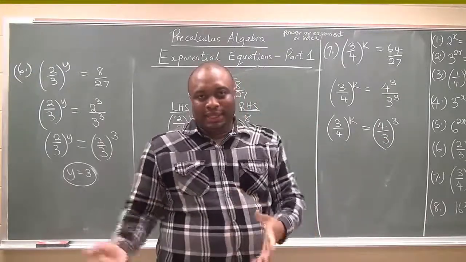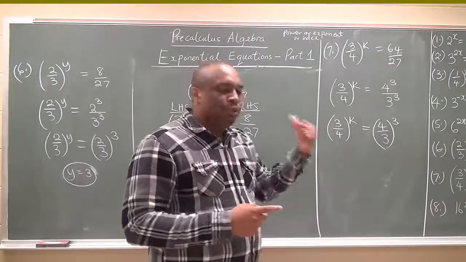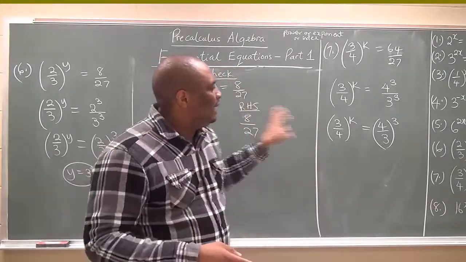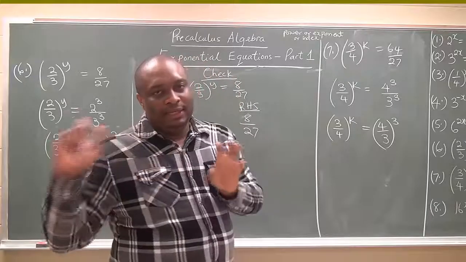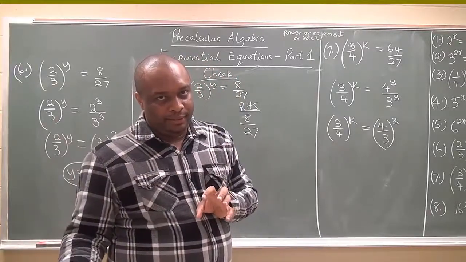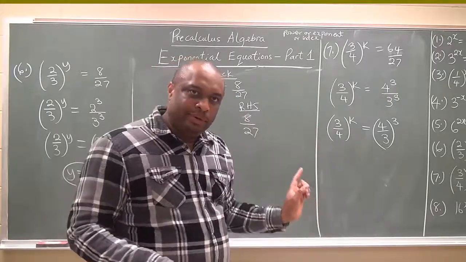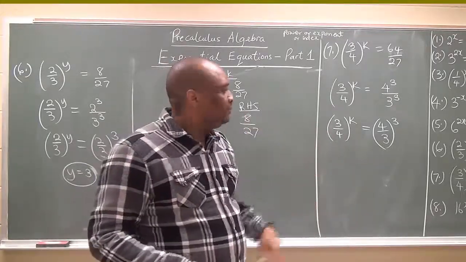We can't just equate the exponents. We have to make one look like the other. We notice that the base on the left is the reciprocal of the base on the right, and the base on the right is the reciprocal of the base on the left.